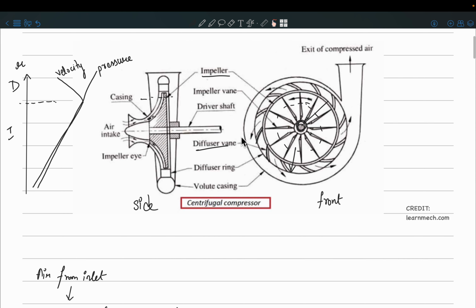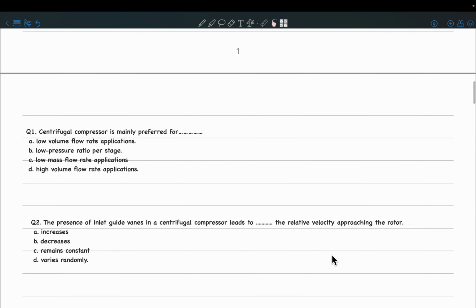So whether the flow is in the axial direction or the radial direction, and also in the tangential direction, because if you just consider one blade, for example, say this is the blade, along this blade the air is going to be pushed like this outwards, and then it is going to turn around, right? So it is also going to have a tangential component. So all these velocity components will come into the picture when we draw the velocity triangles.